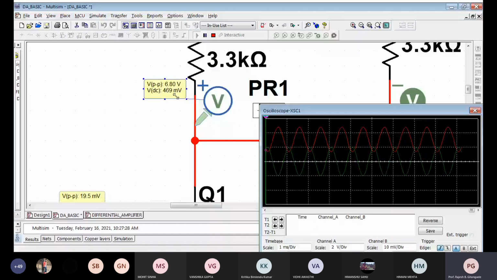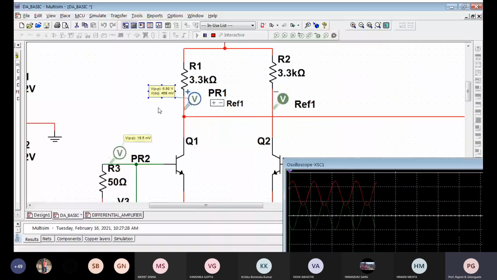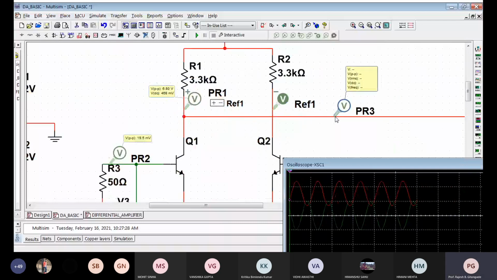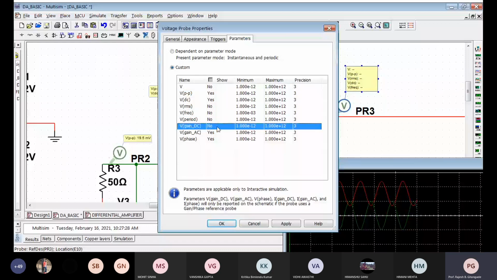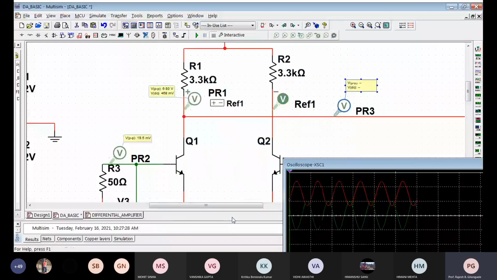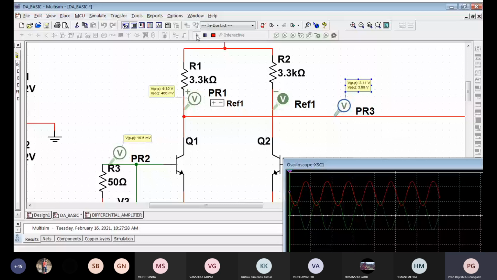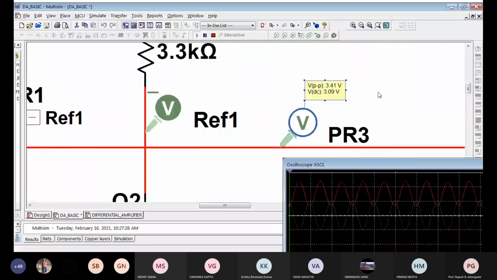Do you see this? This is only a differential one. Let us try to find out the voltage here. You'll see that it is riding on the top of 3 volts.